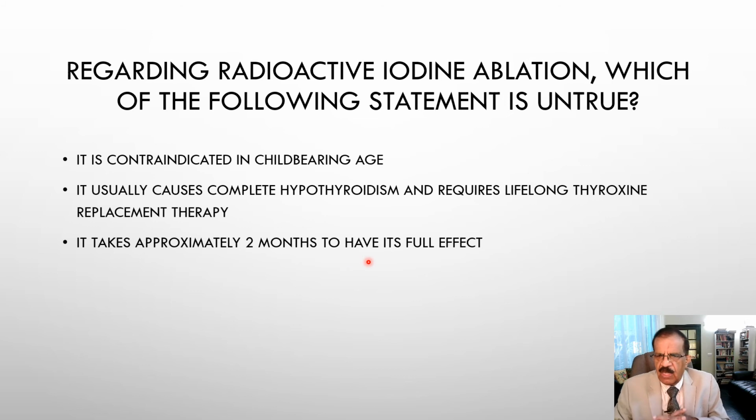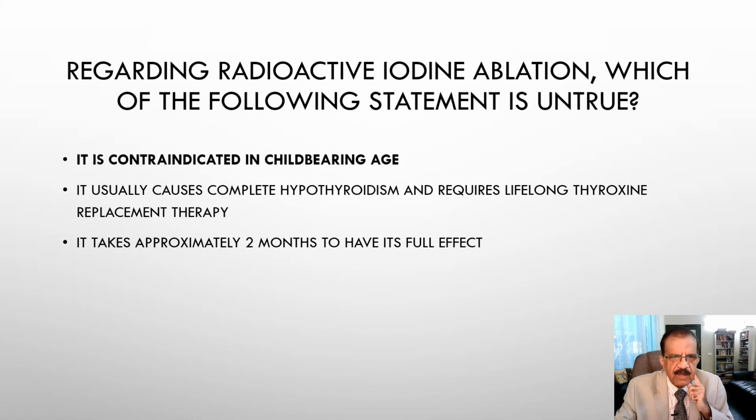So once radioactive iodine is administered today, it will take approximately 2 months before you can say that the patient has come to the euthyroid state, and during these 2 months you sometimes have to give anti-thyroid drugs. Which one is untrue? It is contraindicated in childbearing age.